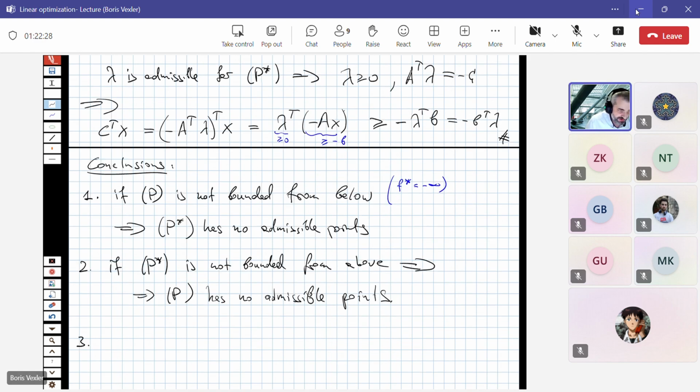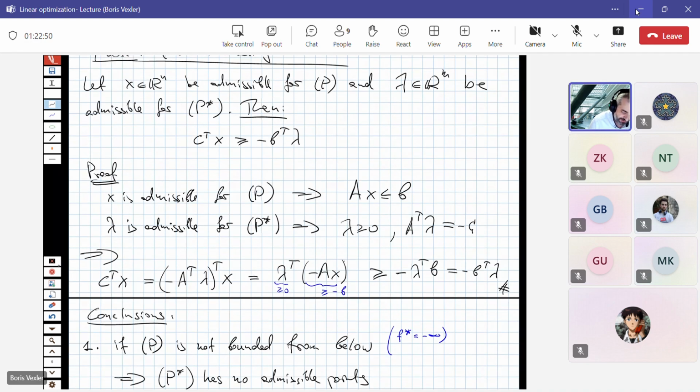And now the third corollary, the third conclusion, that if we know that both problems, P and P star, have admissible points, then, let's say, if P star has admissible points, then the original problem is bounded from below.